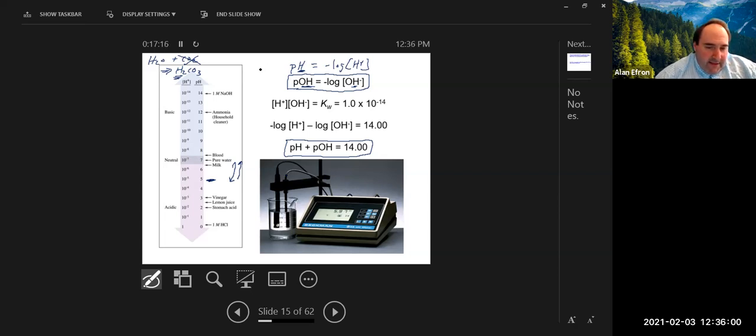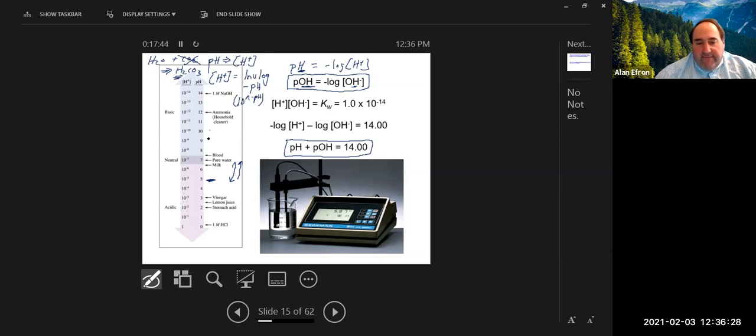While we're talking about some things here, if you are given the pH value, you could get the H plus concentration from that. The H plus concentration is the inverse log of the minus pH. So usually when you go inverse log on your calculator, it pops up a 10 and a caret minus pH.